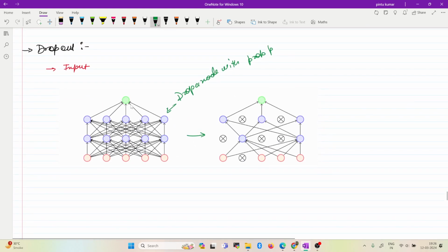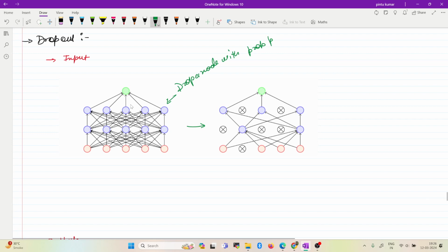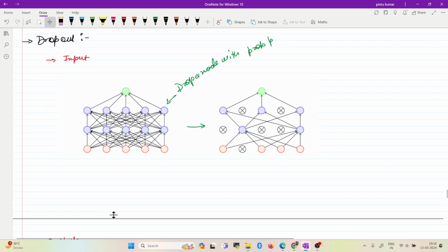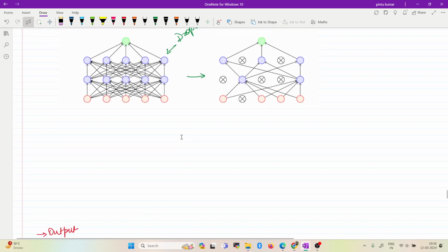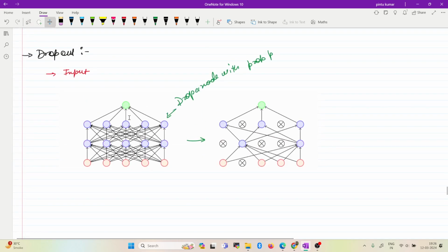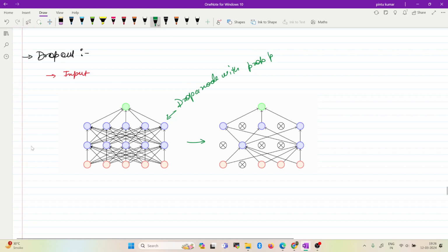Now we look at something known as the dropout method. What will happen in the dropout method is you have a parameter called p. I am not very sure what the professor has used, but I'll use p as the probability of preserving a node.